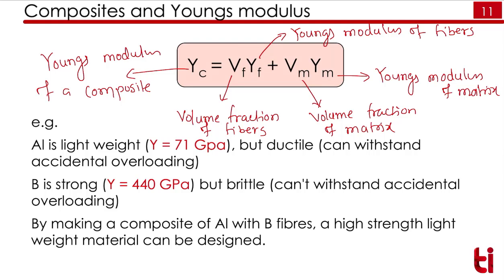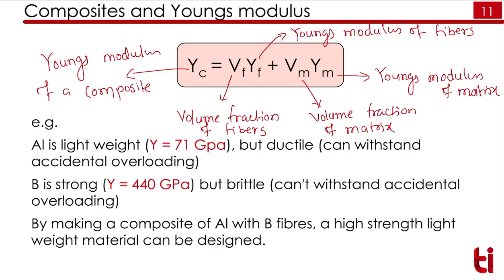As an example here, aluminum is lightweight and ductile in nature, so it can withstand accidental overloading. It will undergo plastic deformation as soon as we apply a load more than its capacity. The Young's modulus of aluminum is around 71 gigapascal, and we have boron, which is very strong and has covalent bonds. Here the Young's modulus is 440 gigapascal. But the problem is boron is brittle in nature, so it cannot withstand accidental overloading and it will have catastrophic failure.